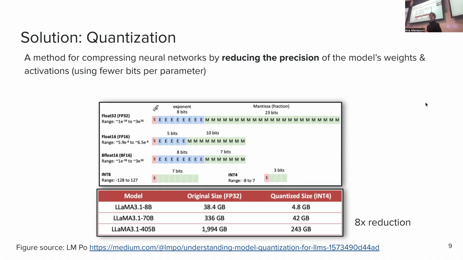I'm just assuming you all have your CS foundations. You know how different precision can be achieved. Our holy grail, full precision float32, is something that we would like, but it takes too much memory. And the question is, how can we go into lower precision like int8 and still not lose any accuracy?